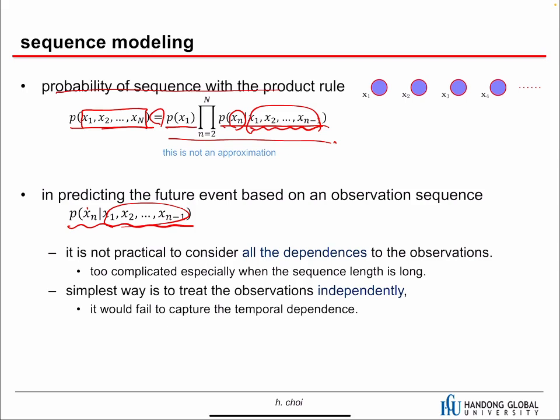The other extreme case is that we can treat all the observations independently. It means we are going to ignore all the temporal dependencies, so it would fail to capture the temporal dependency, and we cannot handle the data properly. So we have to compromise between these two extreme cases, considering all the history or ignoring all the history.